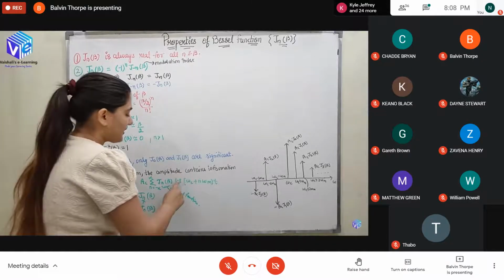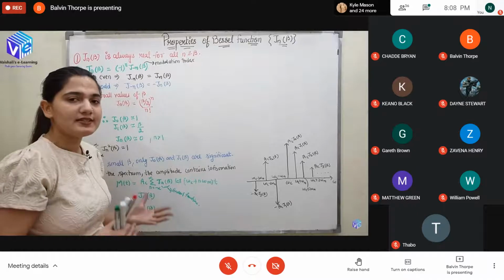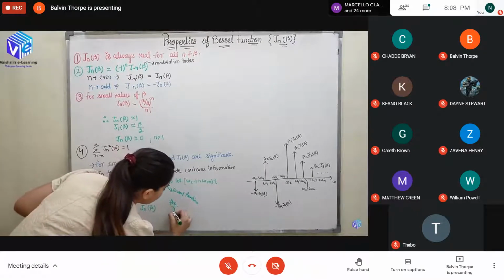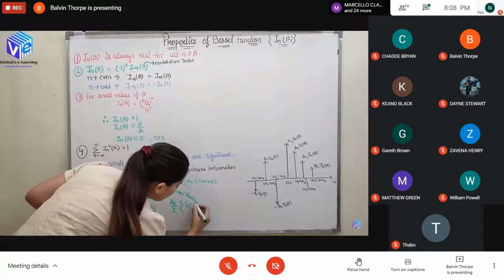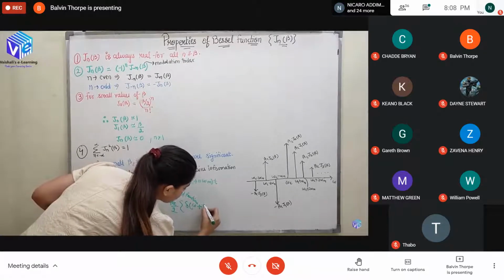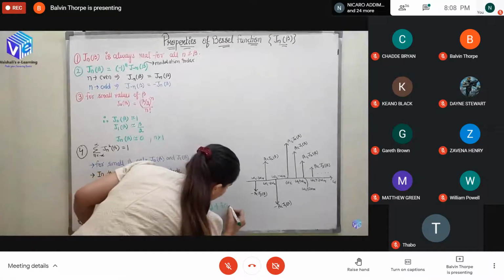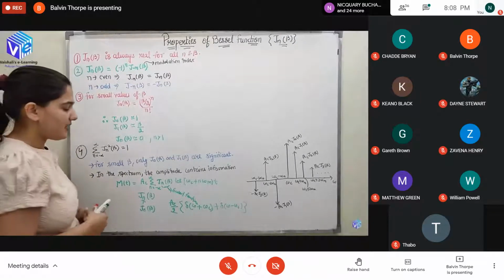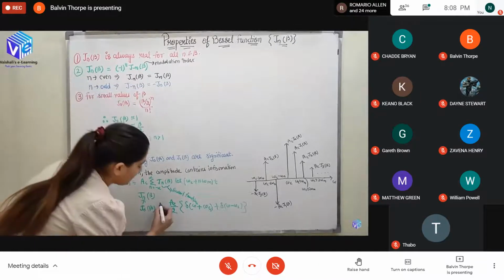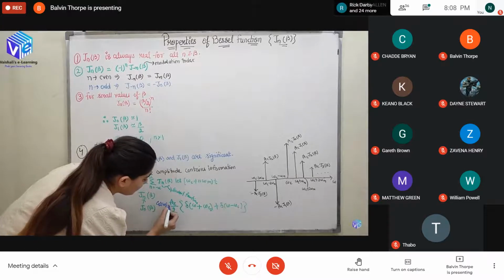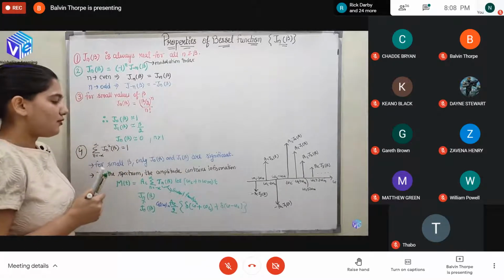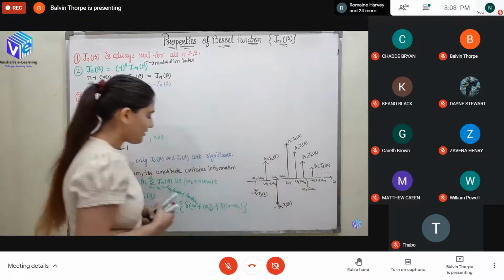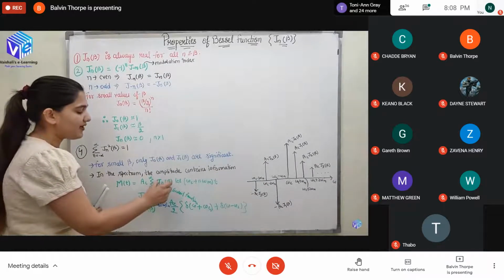So now the frequency spectrum will depend upon cos, and the frequency spectrum of cos was Ac by 2, del of omega plus omega c, plus del of omega minus omega c. So this is the frequency spectrum representation of cos omega.